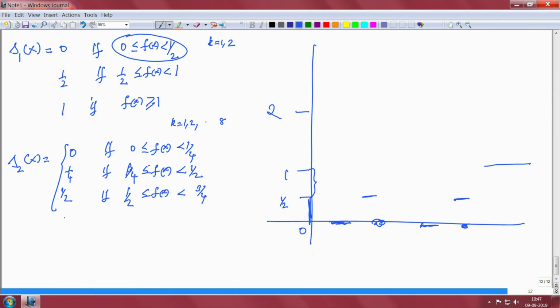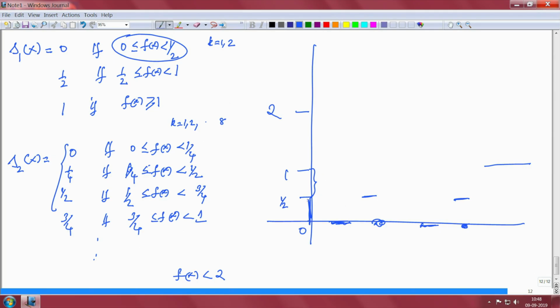I will write one more: 3 by 4 if 3 by 4 is less than or equal to f of x strictly less than 1, and so on. It will go up to 2, right, f of x less than 2, and if f of x is greater than 2, the simple function is 2.